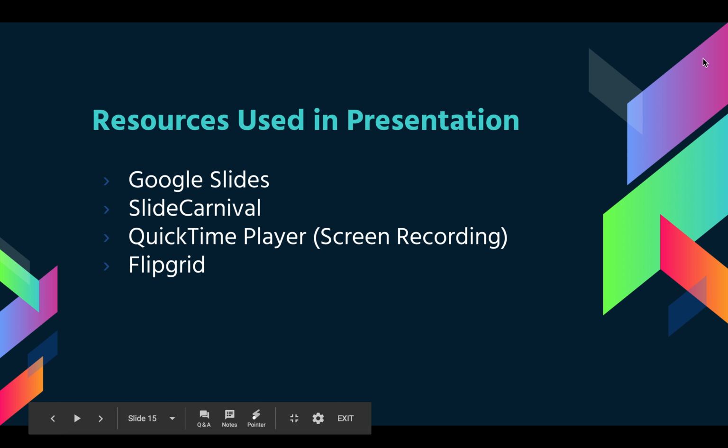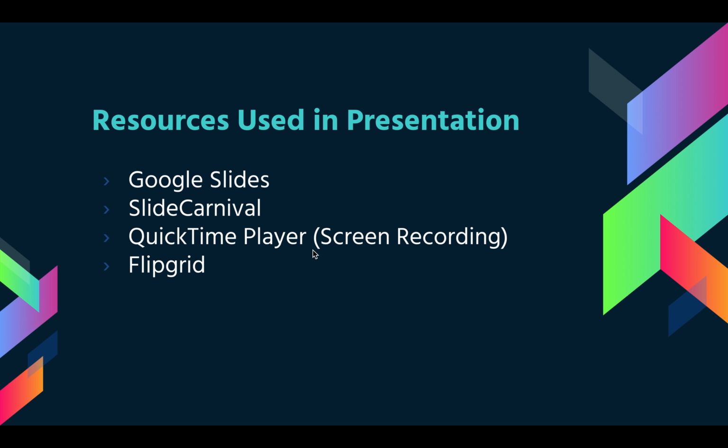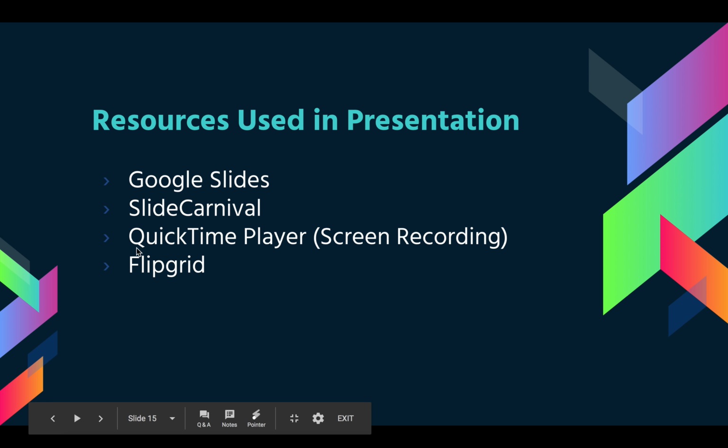Someone created this theme, made it into a Google Slides template, put it on Slide Carnival, and now it's free for anyone to use. It'll download into your drive. It's really fun, and they have different categories like educational or inspirational or creative. And again, QuickTime Player: I'm using screen recording and audio recording to present this information to you all.